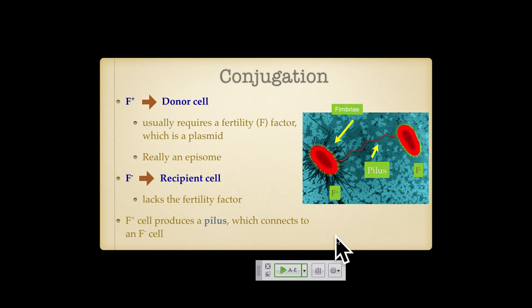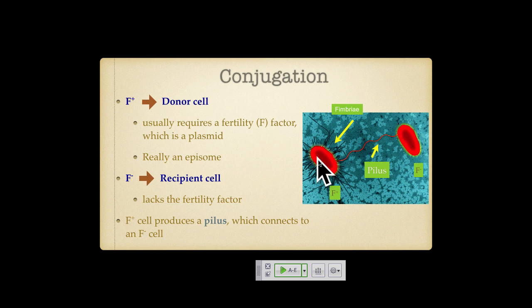So here's what happens. This process of conjugation is literally a physical transfer of DNA from one cell to the other. So we're going to have the F minus cell be the recipient cell, and the F plus is going to be the donor. The F plus cell is the cell that has this episome, this plasmid, called the F factor or fertility factor.